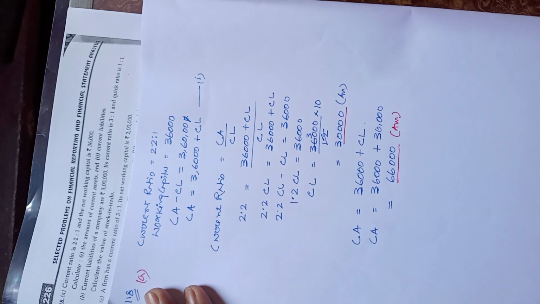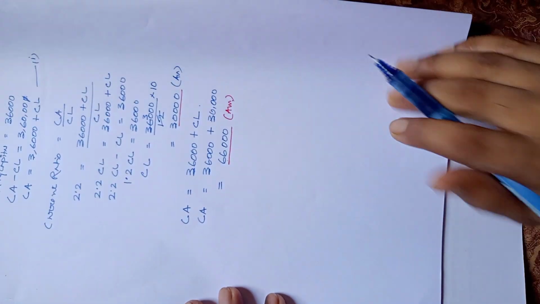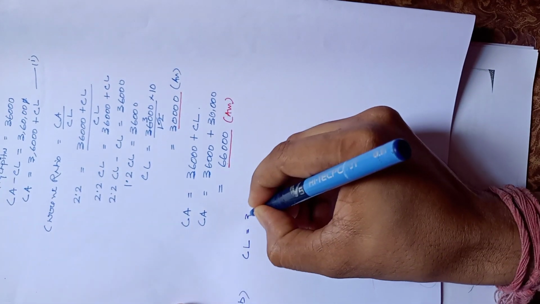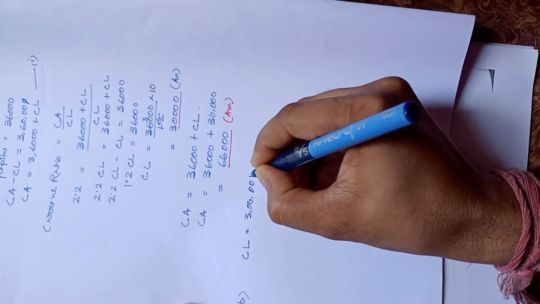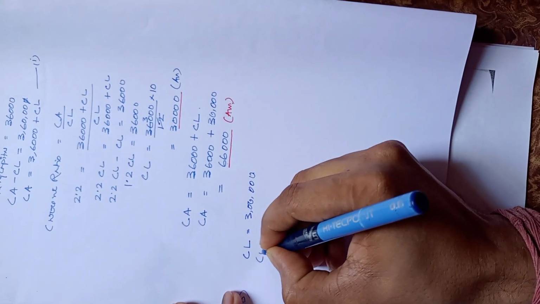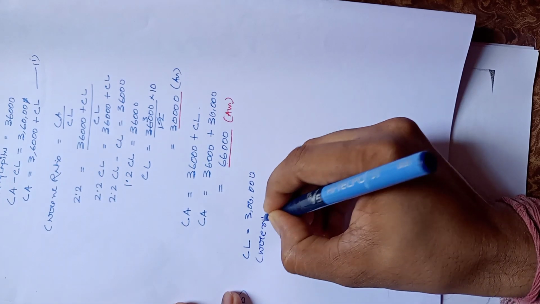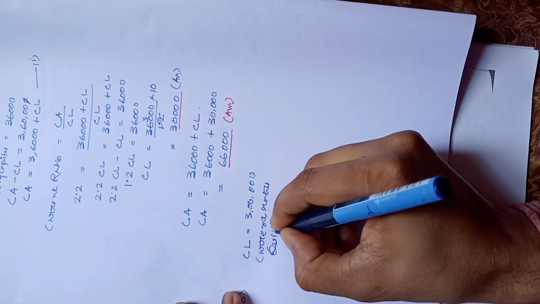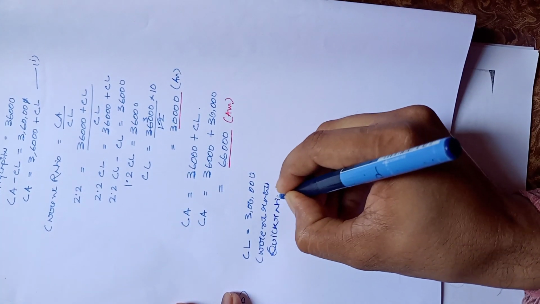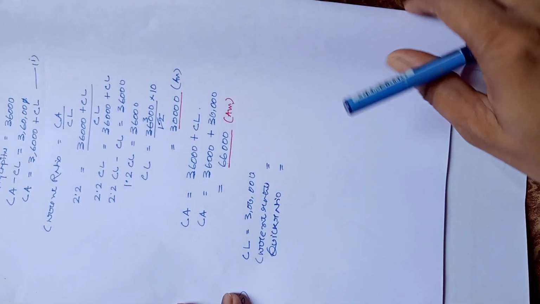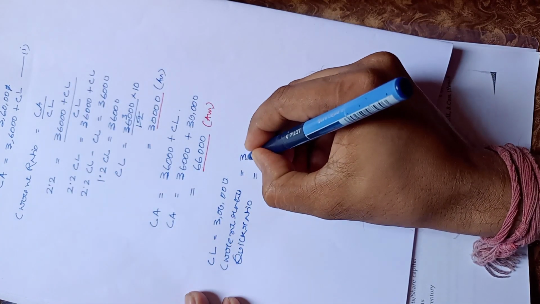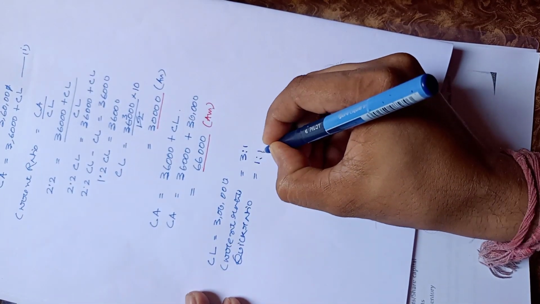So in part B, current liabilities is 3 lakh. Current ratio and the quick ratio: the current ratio is 3:1 and quick ratio is 1:1.